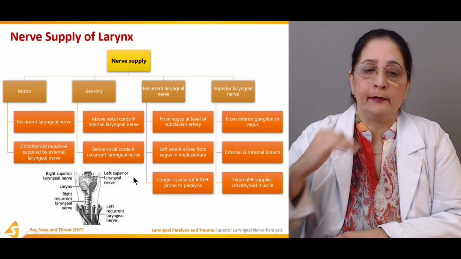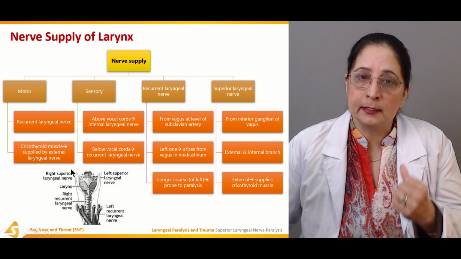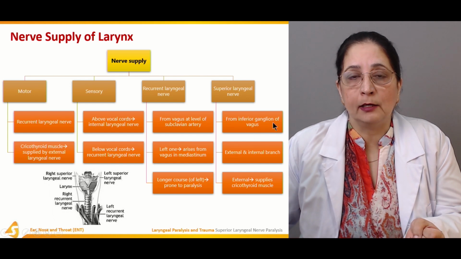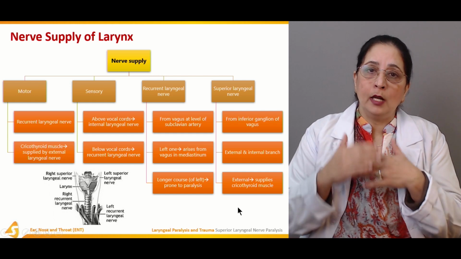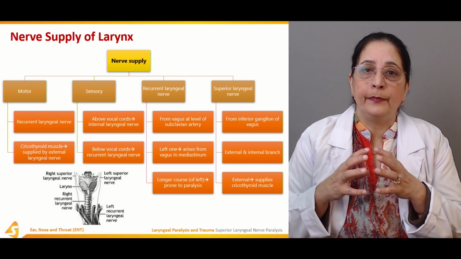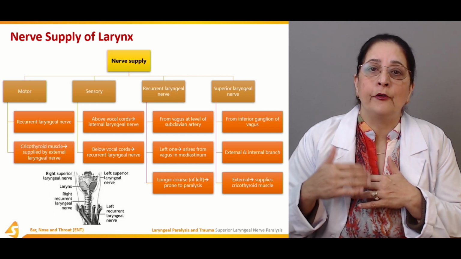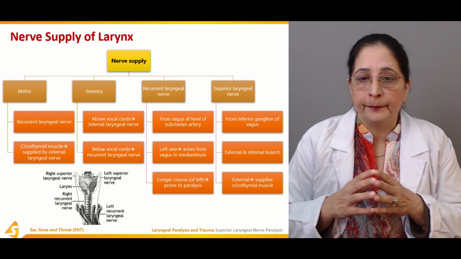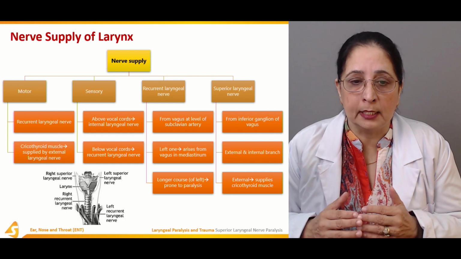So the superior laryngeal nerve has internal and external branches. It arises from the inferior ganglion of the vagus nerve. So all these nerves are arising from the vagus, but the site at which they originate is different. Some in the mediastinum and some from the inferior ganglion of the vagus.